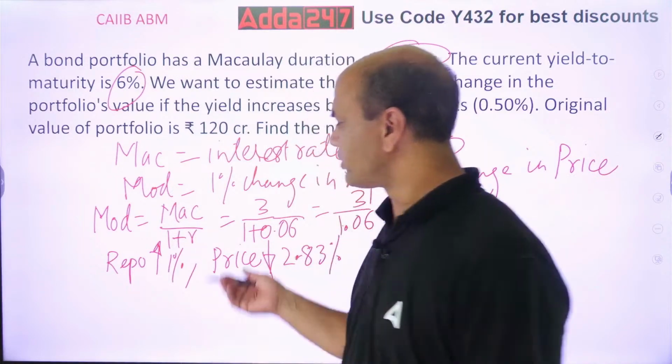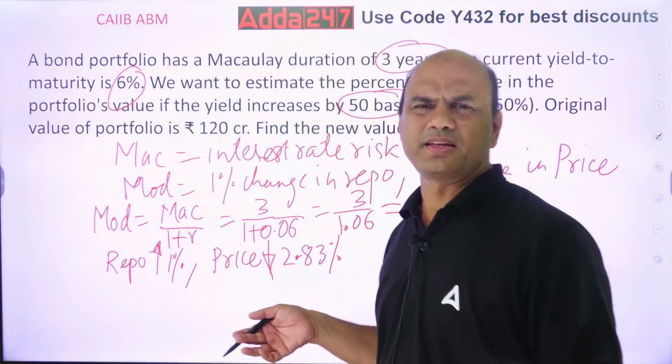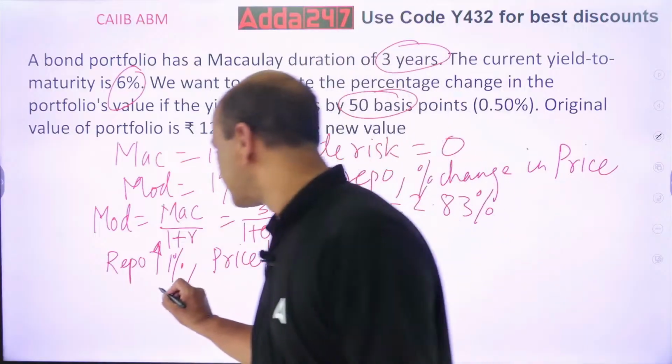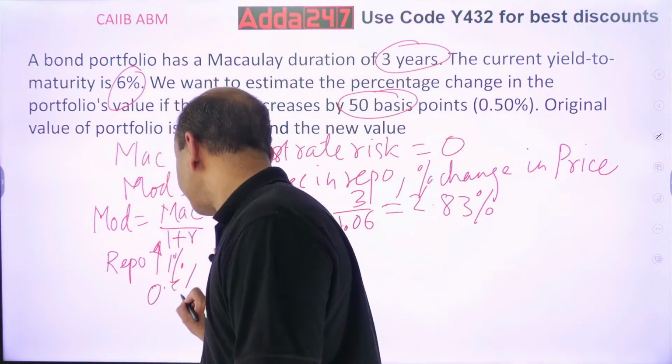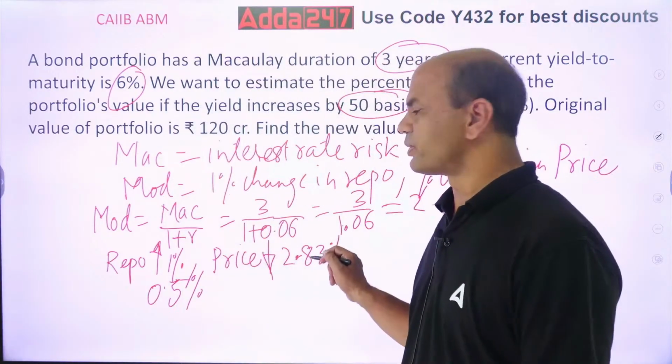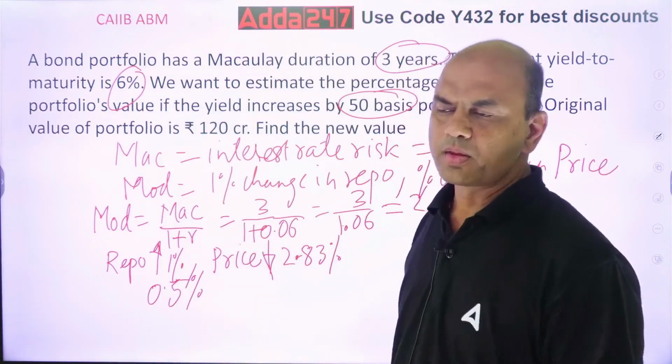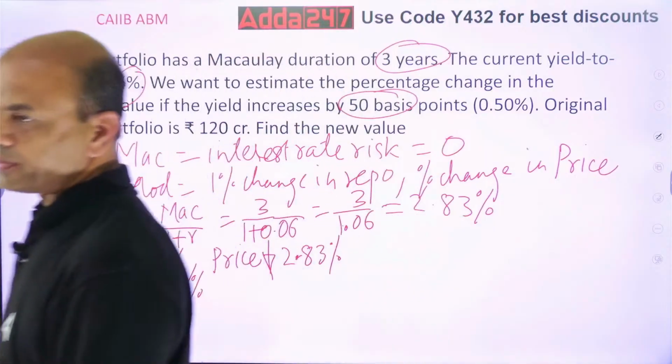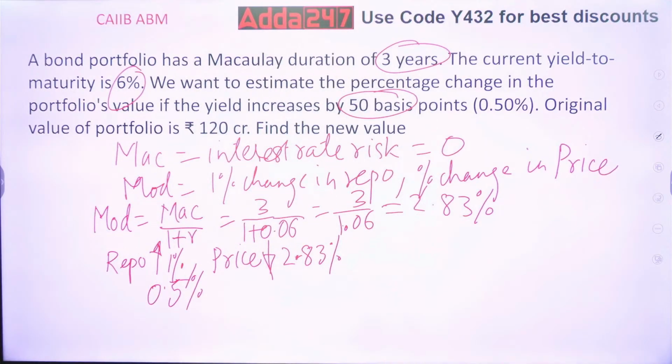So if my repo now rises by only, let's say 0.5, so this will also change, right? So 0.5 into 2.83 upon 1. Do it, everyone. 2.83 into 0.5.